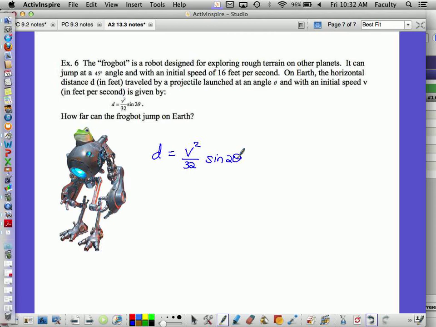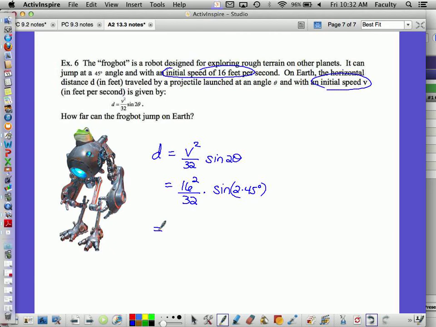So we're looking for d. So let's plug in the stuff they gave us. The initial speed is the v value. So that's 16 squared. And I don't want you to get a calculator out because we're going to do this without a calculator. And the angle is 45 degrees. And I want to show you how well we can do this without a calculator.